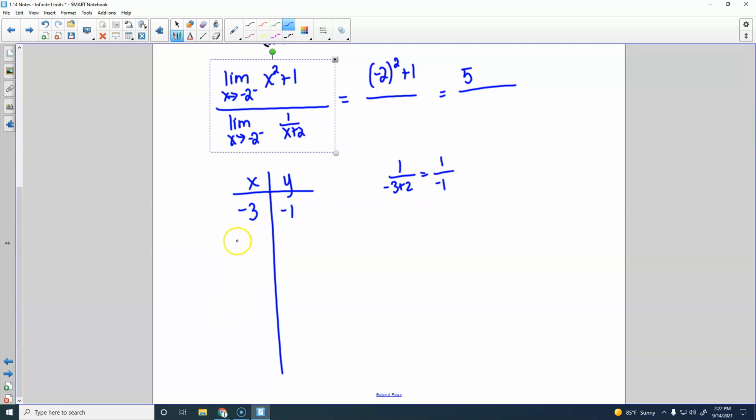If I did -2.5, which I'd rather do as a fraction, so that'd be 5/2, 1 over -2.5 plus 2. Make sure I'm right. That'd be -2.5, which is closer to -2. So I get -1/2 here, which will give me -2.